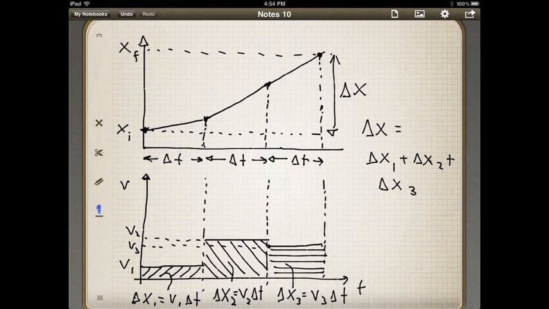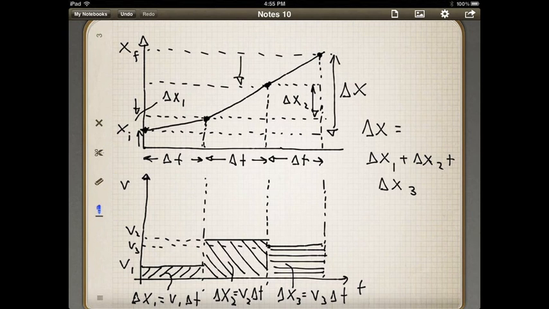In this plot you can see those different displacements: this will be from here to here, that is delta x1, delta x2 is here, the change in position between this instant of time over here and this one over here, and delta x3 is this one.